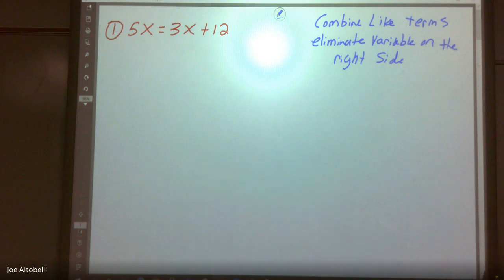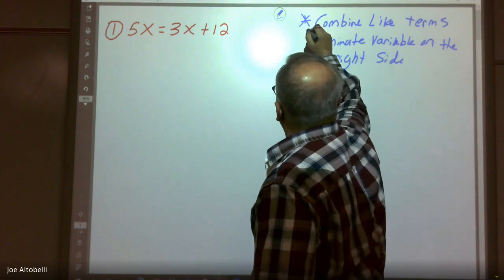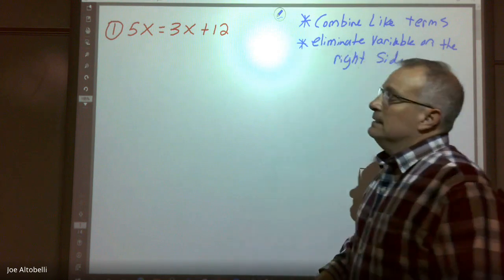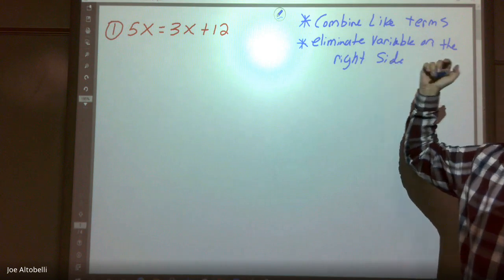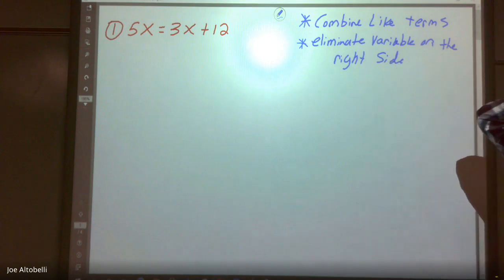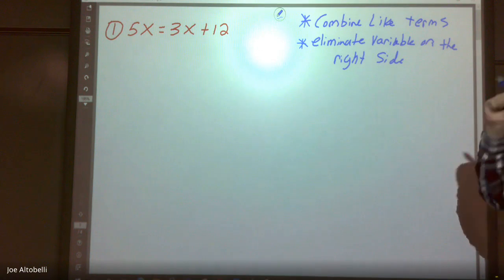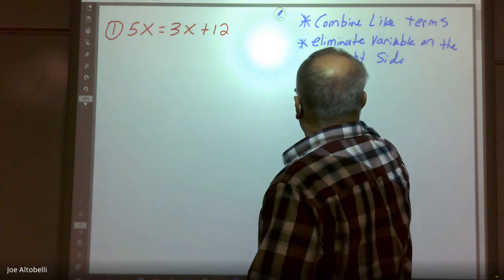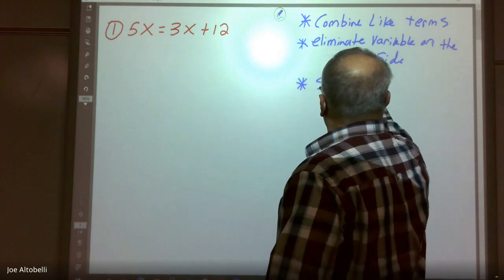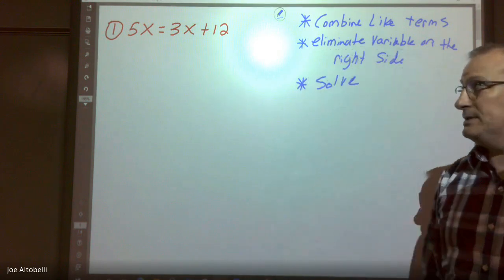Okay, you're going to eliminate the variable on the right side. Now, normally when you eliminate the variable on the right side, you're going to have a two-step equation. But like this first one, we'll have a one-step equation. Most of the time it'll be a two-step equation, and then the last step would be solve. You'll solve the two-step or the one-step equation.